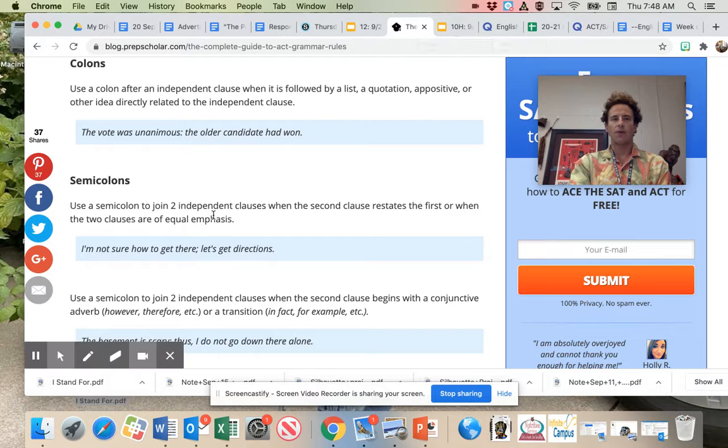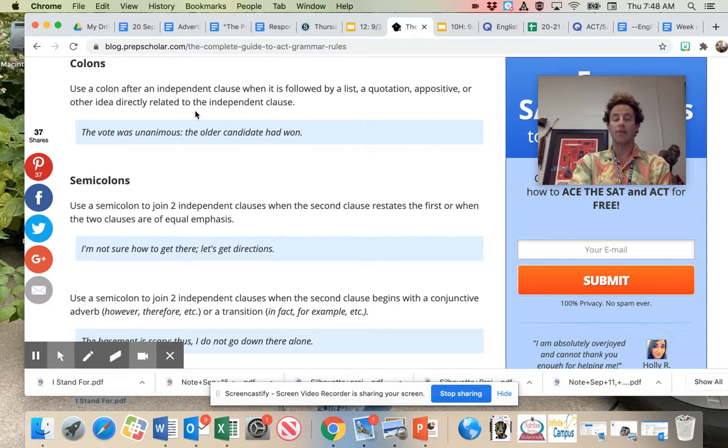All right, colons and semicolons. Just a couple weeks before the ACT is coming up. Colons. Use a colon after an independent clause when it is followed by either a list, a quotation, or an appositive, which we went over. They're like clarifying statements, or another idea directly related to the independent clause.